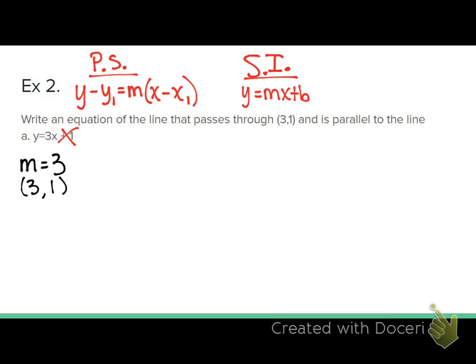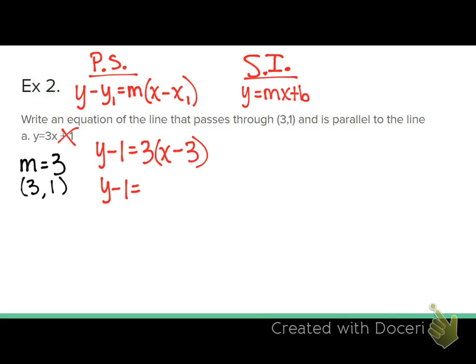All right, so let's work on putting it in point-slope form. y minus 1, use your y coordinate, equals 3 times (x minus 3). We put it in point-slope form. We just plugged our stuff into point-slope. Now we have to do step 3, which is distribute.